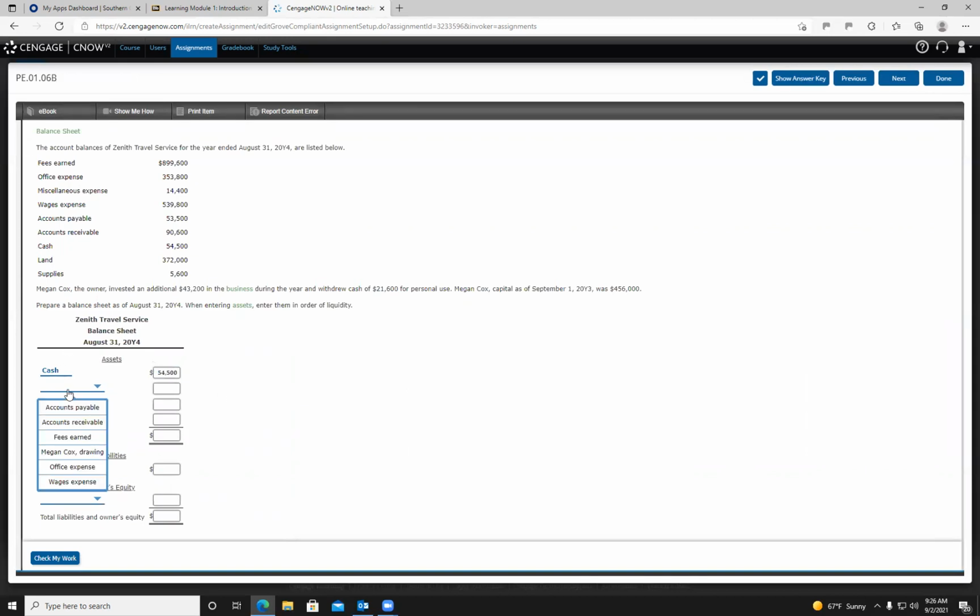Next, we're going to do our accounts receivable. That's our next most liquid asset. We have supplies. And last, we have land.